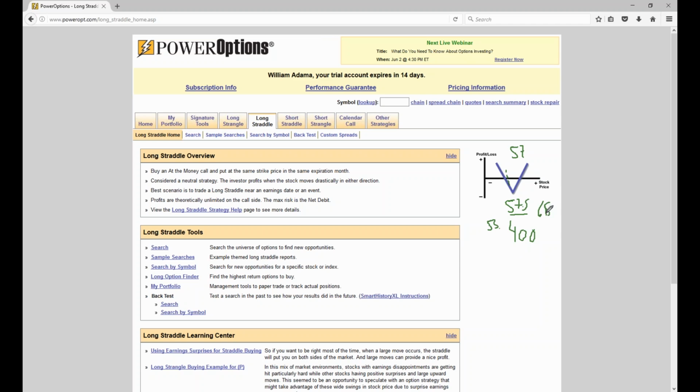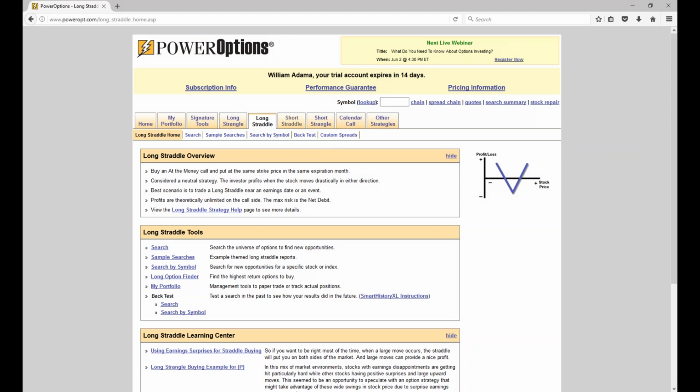I know the example I gave you is only a 50-cent difference. Sometimes it's a little bit better depending on the prices, sometimes it's not. But that's the idea. You get a higher cost, but a lower upper and lower break-even with straddles. Strangles have a wider upper to lower break-even, but a lower cost.